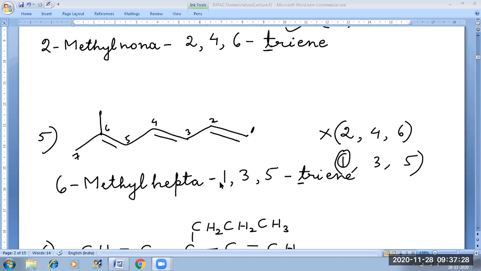Like in the fifth question, I have taken into consideration the positions of double bonds only. I have not taken into consideration the position of the methyl. Methyl is a substituent, so it need not be taken into consideration while checking the lower set of locants rule, because the compound contains double bonds. Those carbon atoms containing the double bond should get a lower number.